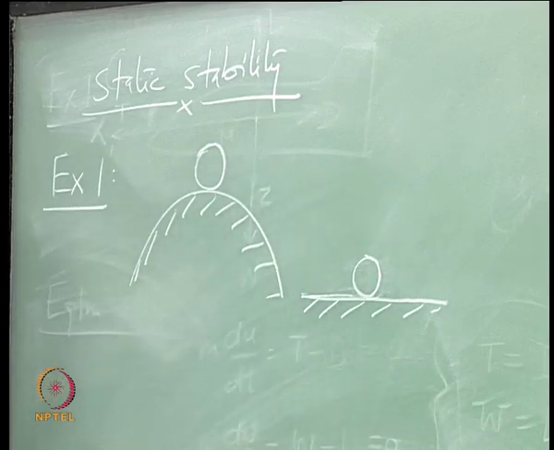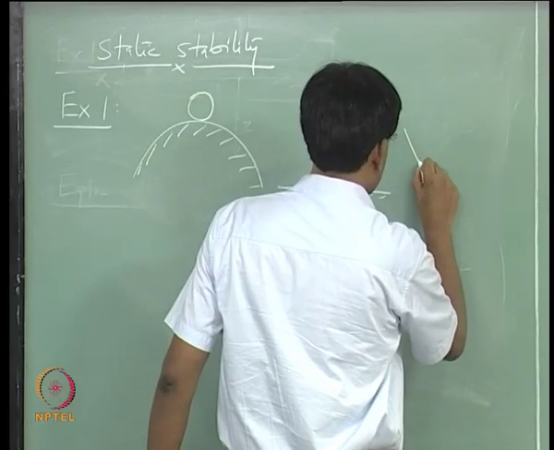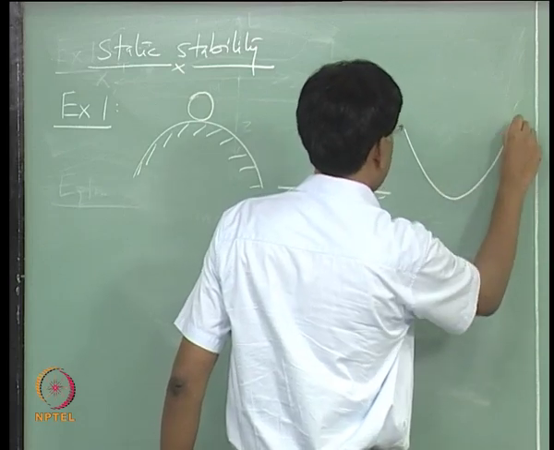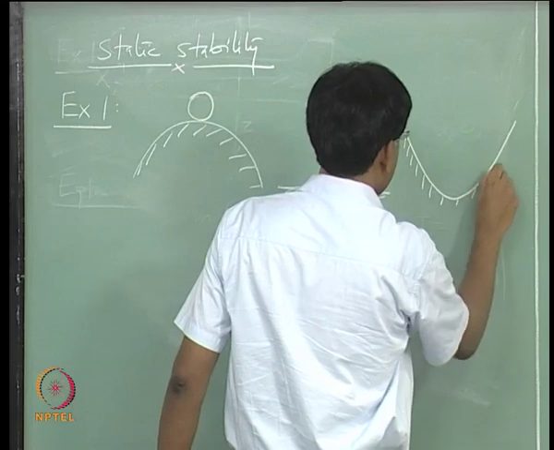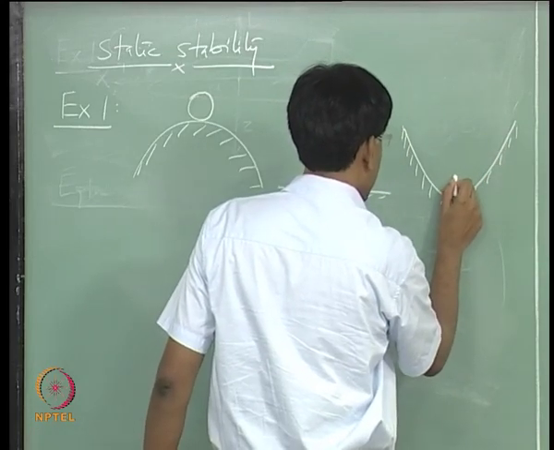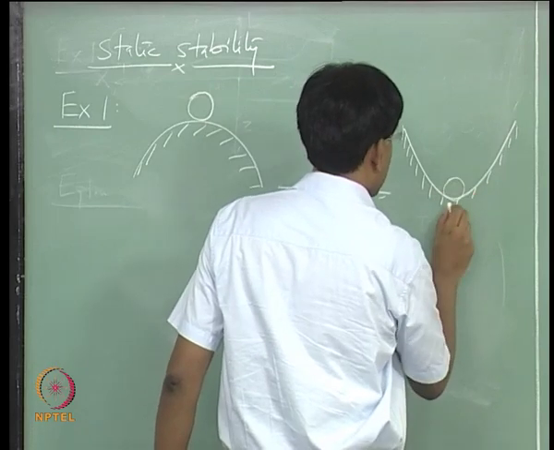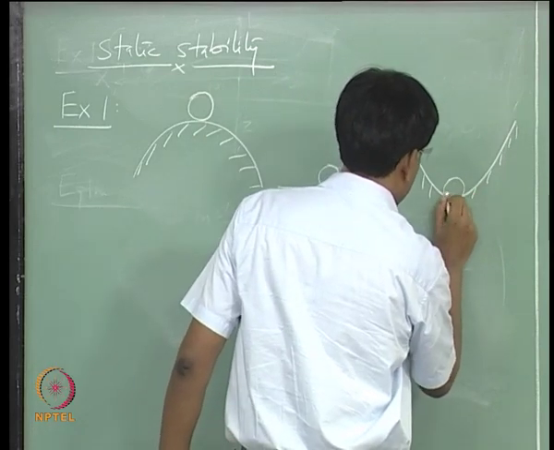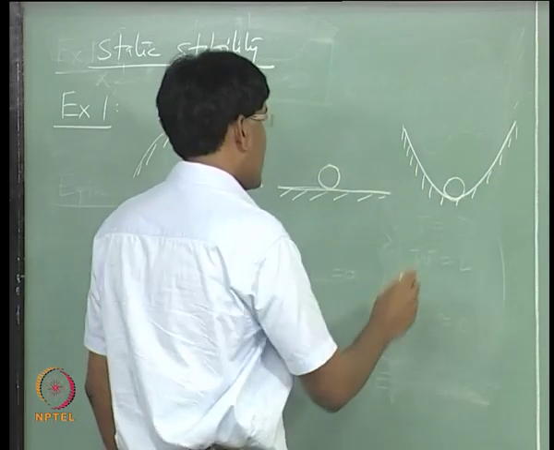So, this position is a static position of rest or equilibrium position of rest. We can also have this kind of curved surface which is like a well, and a ball is sitting at the bottom of this.